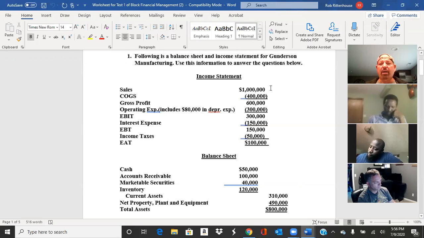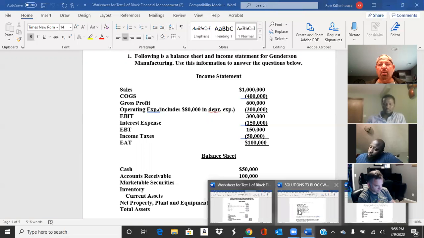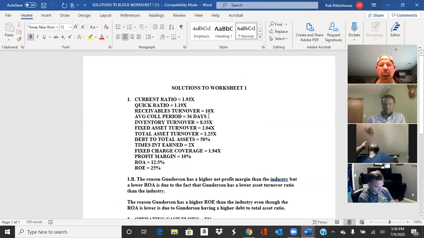So you divide $1 million by 360, whatever that gives you. You then divide the $100,000 accounts receivable balance by that figure, your average daily credit sales, and you should get 36 days even as your average collection period. What is the average daily credit sales? Let me run it on my calculator quick.